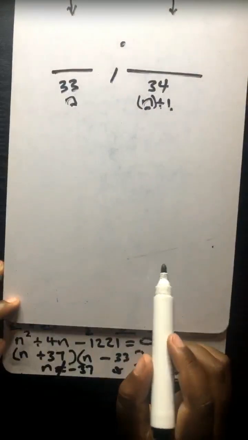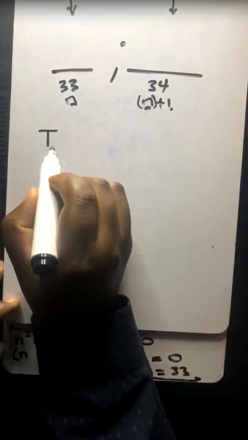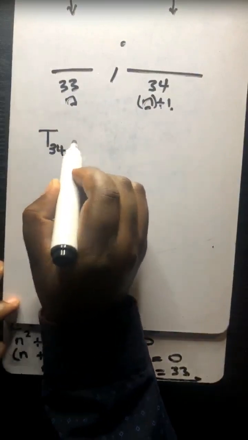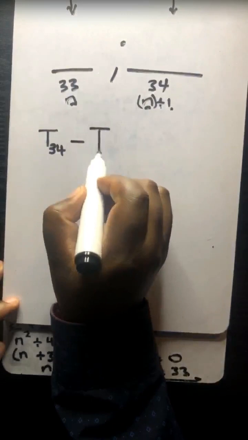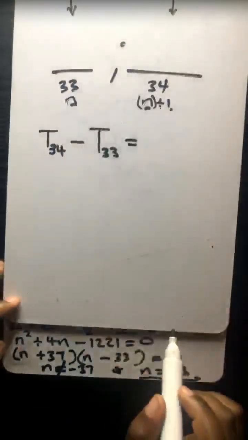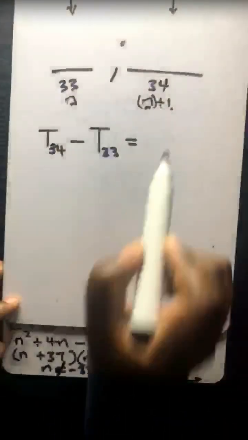So what the question wants is the value of total number of people staying in stand number 34 minus total number of people staying in stand number 33. That is what the question wants. That is why I'm saying if we can know this number and that number, we just plug it there and then we get an answer.